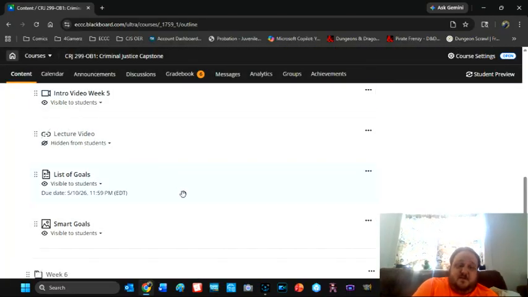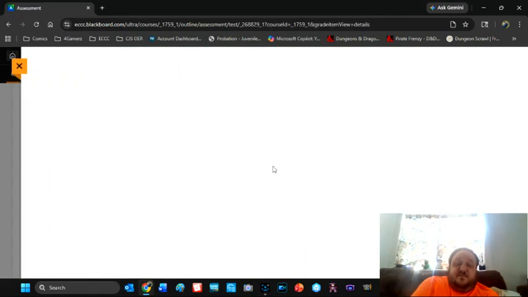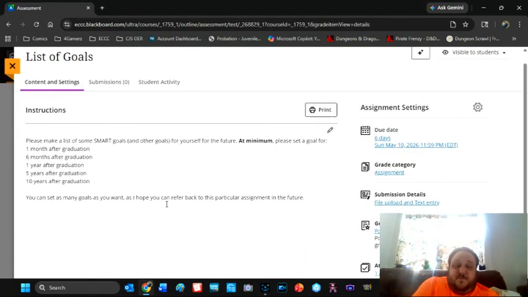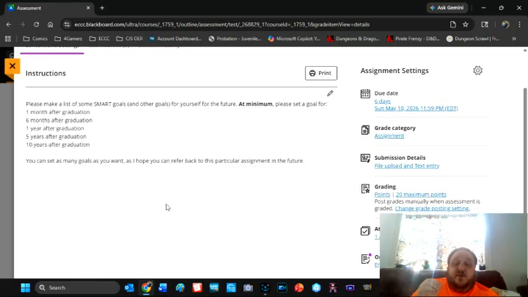So, this is the assignment, the list of goals. So, I want you, please, take this seriously. I'd like you to make a list of some SMART goals, and other goals, it's just totally fine. But I want you to make goals. Take what we talked about with the SMART sheet, and I want you to think about goals for yourself for the future.